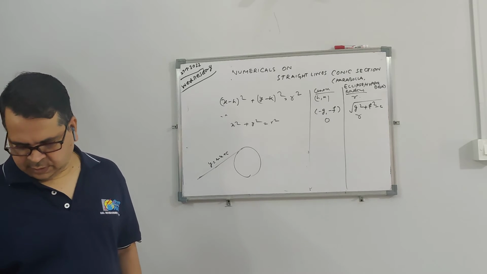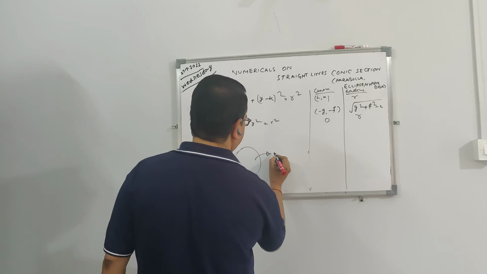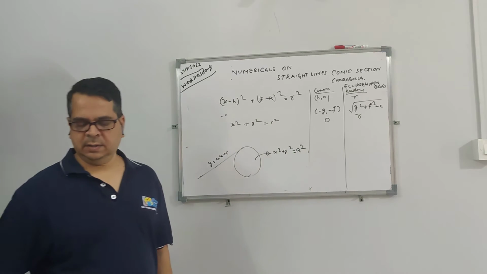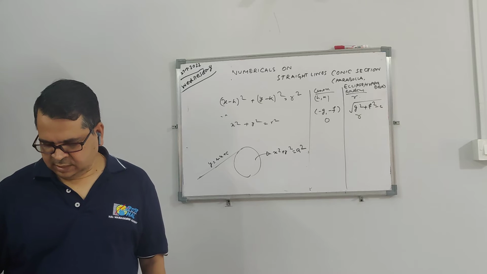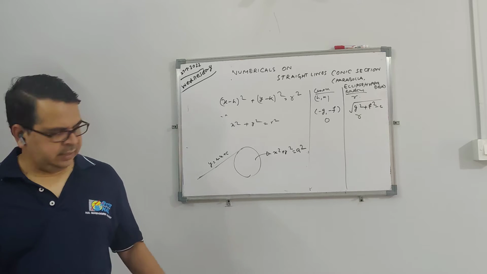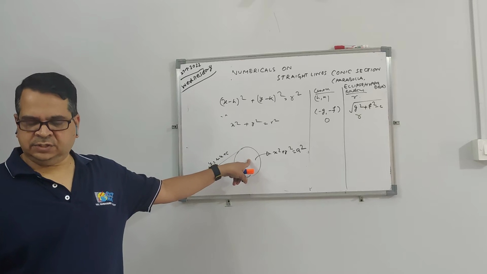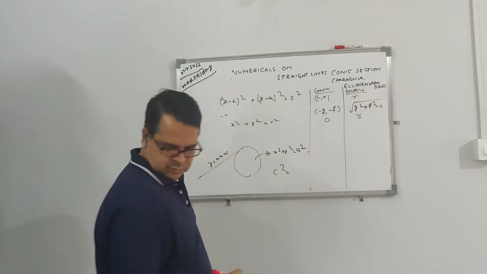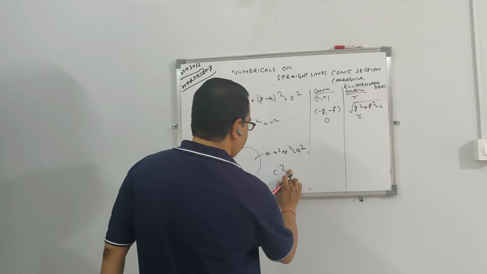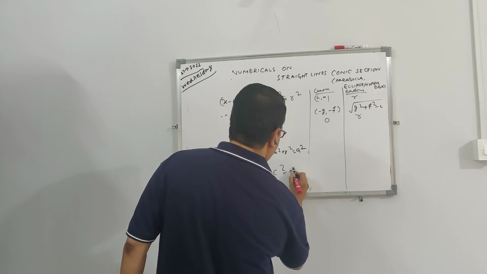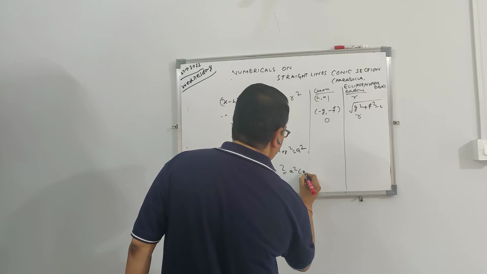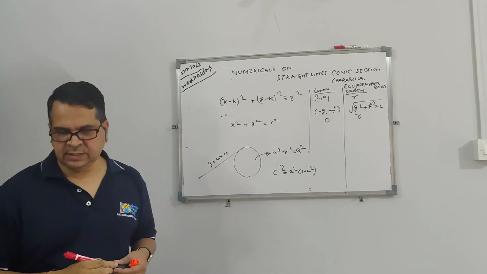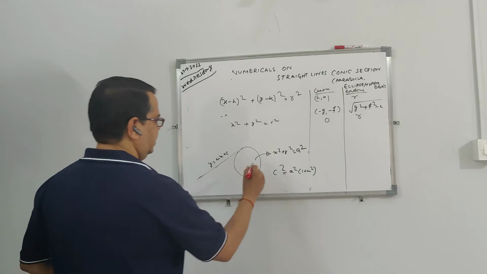And let us say the circle equation is x square plus y square is equal to a square. Then this line will be tangent to this circle provided c square is equal to a square into 1 plus m square. So this is the condition of tangency.